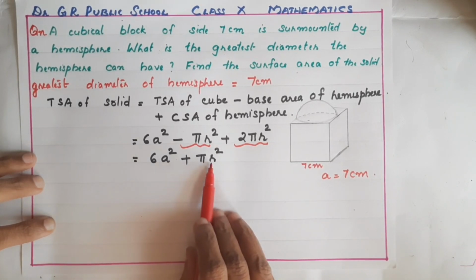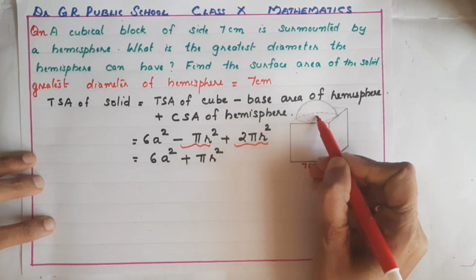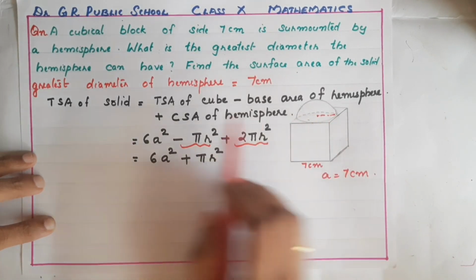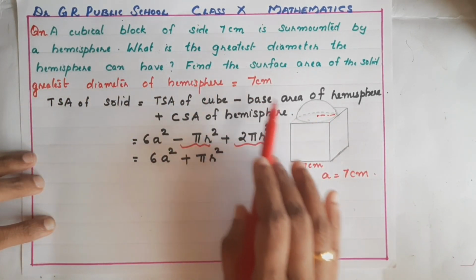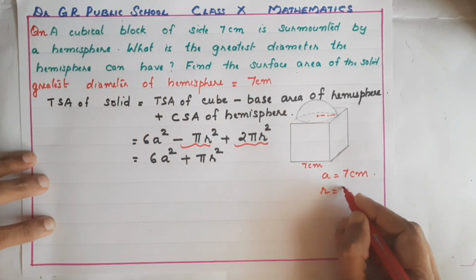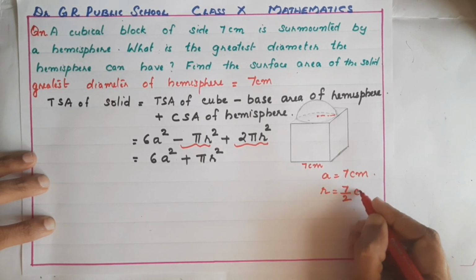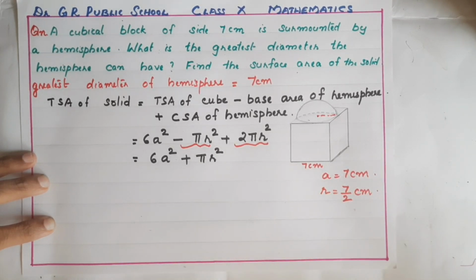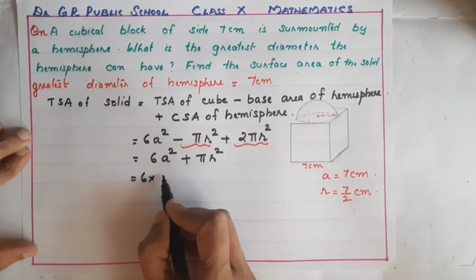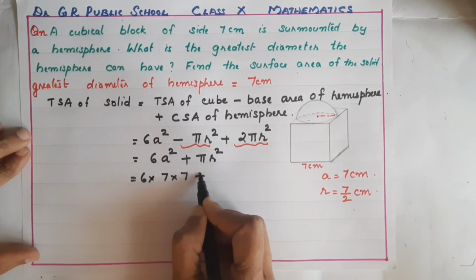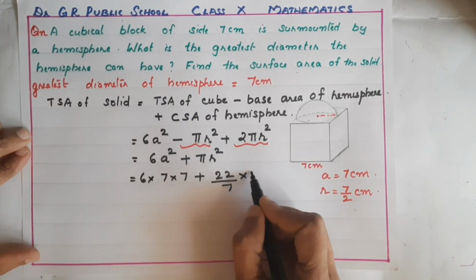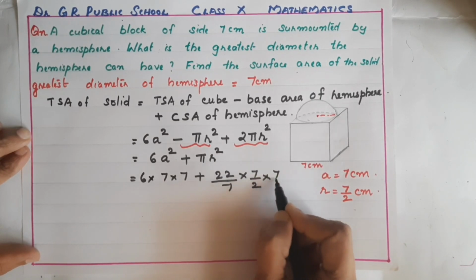Then pi r square: the radius of this hemisphere. What is it? The greatest diameter we can have is 7 centimeter. So what is the radius? Radius is 7 by 2 centimeter. Okay, children. Now 6 into 7 into 7 plus 22 by 7 into r square, 7 by 2 into 7 by 2.